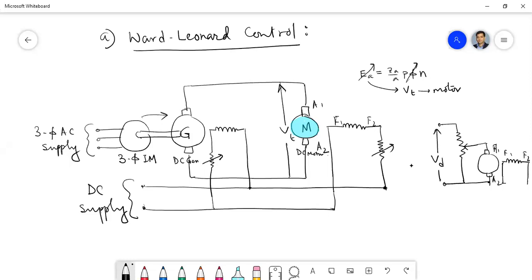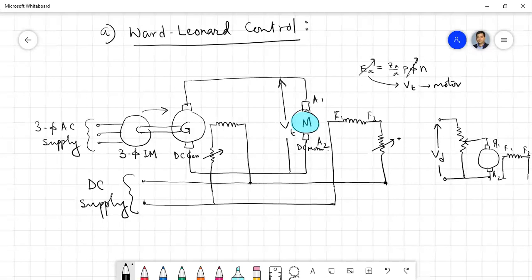Number two, you are getting two options of speed control. Number three, the speed regulation is very good. So these are the advantages which we can get from this type of control.